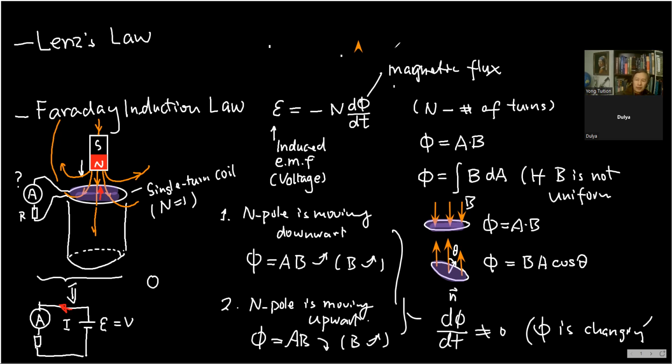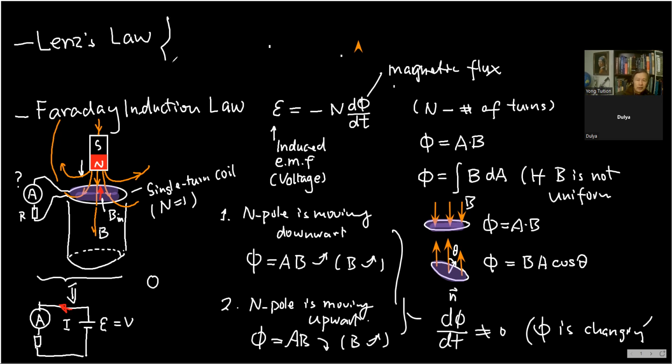This field is called the induced field. Okay, there are two fields now. This is the magnetic field, and the red one is called the induced field. Can I write down here? This B induced field, we put in here.